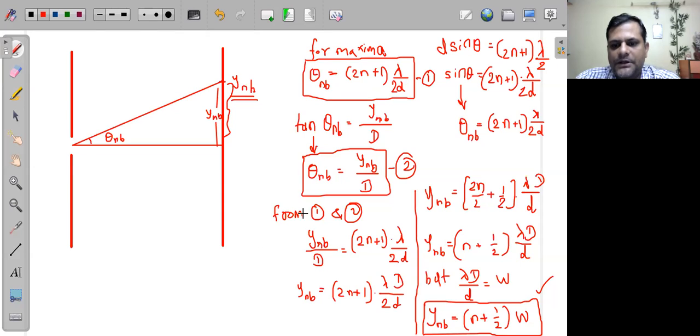So what is the summary of all these things which we have done so far? तो summarize form में हम ये बोल सकते हैं कि distance of nth dark band, as we can see on the diffraction pattern, can be simply said to be equal to n times of w, and the distance of nth bright band from the center of the diffraction pattern can be supposed to be simply equal to n plus half into w.